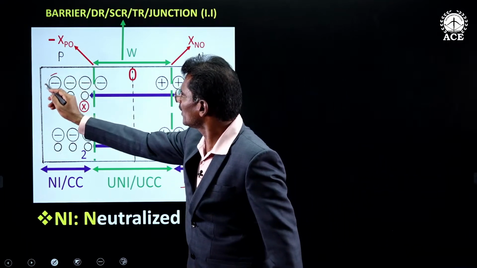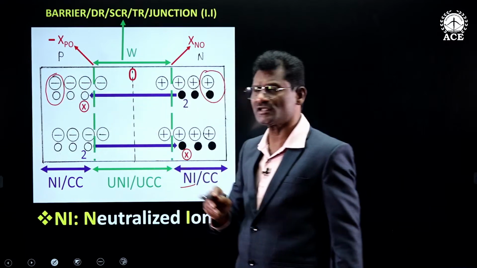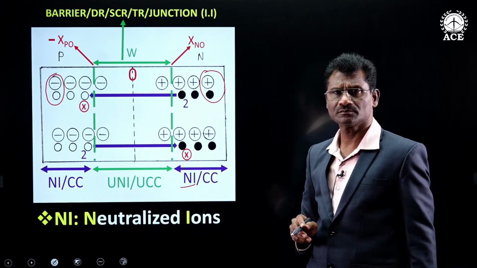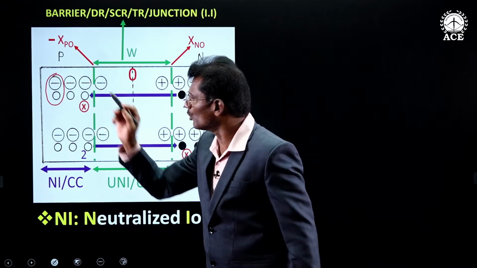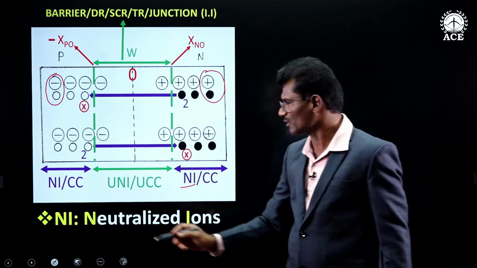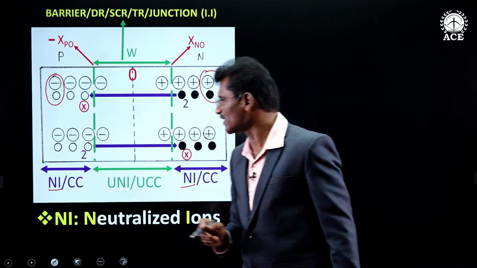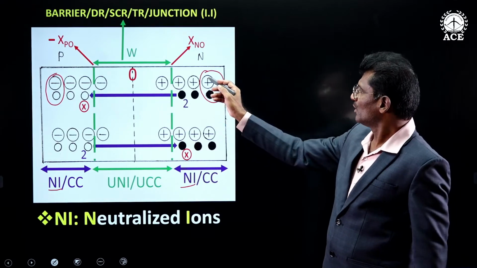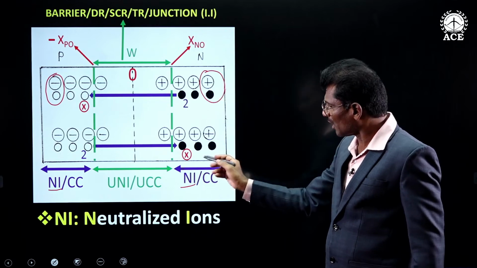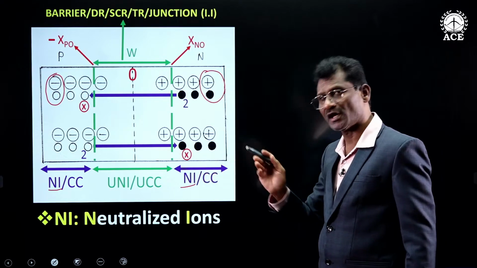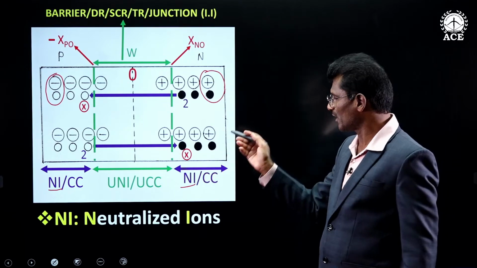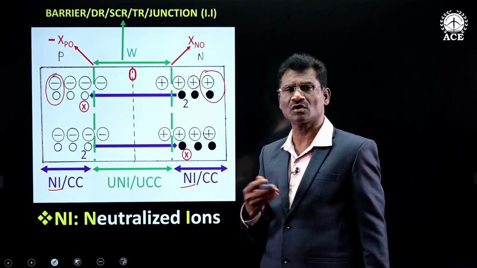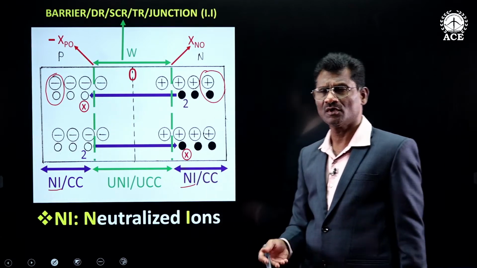Similarly, here we have negatively charged acceptor atom, but due to excess hole it has become neutral and hence called neutralized ion. So these are not ions, they are atoms, and hence called neutralized ion. Neutralized ion means basically an atom.